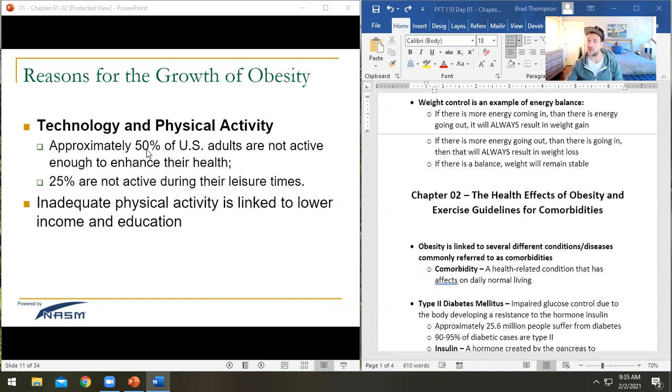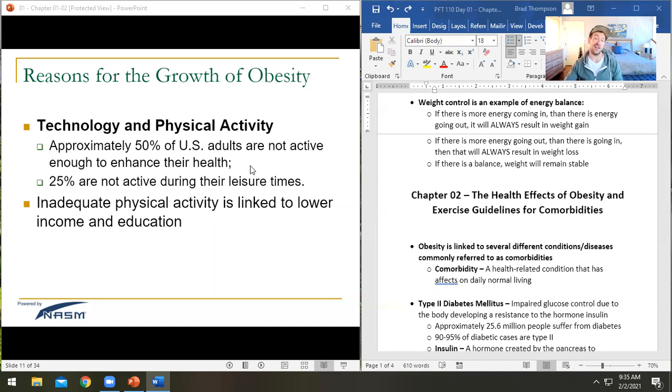Now suddenly we start to see, okay, that starts to make a lot of sense. Again, it's a correlation. 25% are not active during their leisure time, so when they do have time off. So 50% are not active in order to enhance their health. At least some people are getting it through their jobs. Some people are farmers, or in my family, furniture movers.